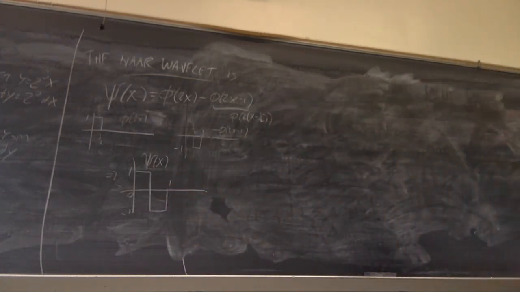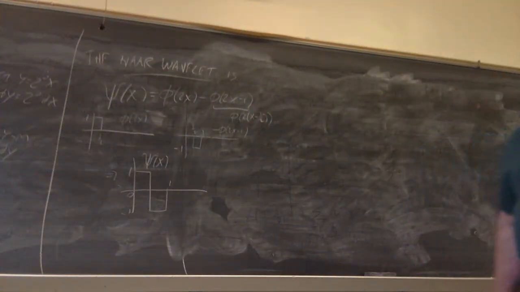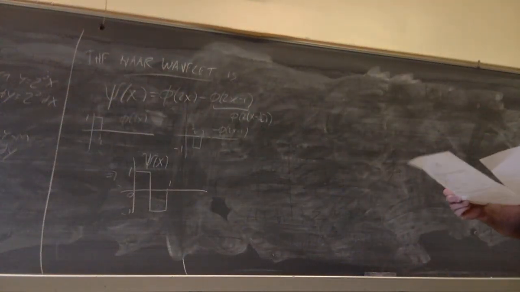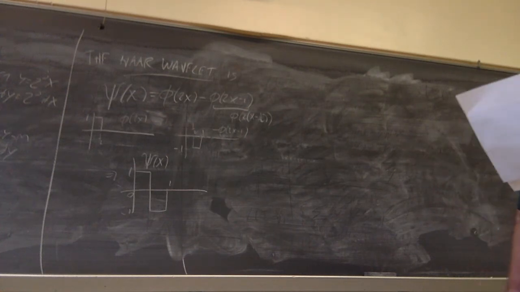So if you're multiplying by the scaling function, you're just going to get psi itself on 0 to 1. And the integral of that, you can see just geometrically, would be 0. Okay. And that's a kind of orthogonality that's going to be helpful to us in wavelet analysis.